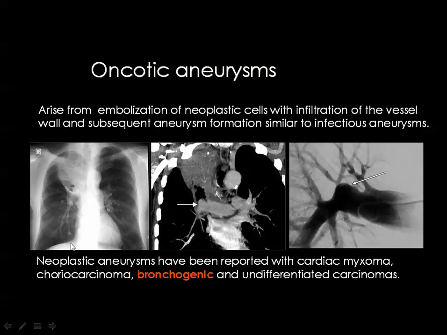And this is the chest x-ray, and you can see a mass in the right upper lobe, and by the coronal reformatted CT imaging you can see the small aneurysmal bulge from the wall of the right pulmonary artery. And this is the selective angiogram. You can see the oncotic aneurysm.